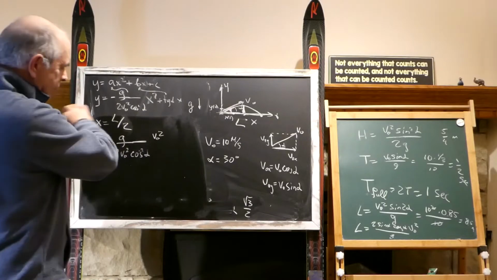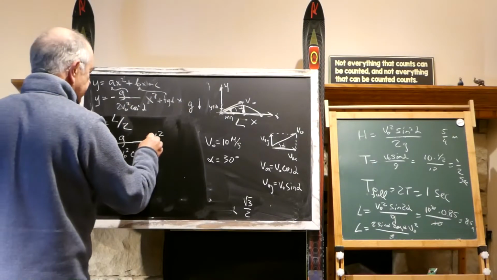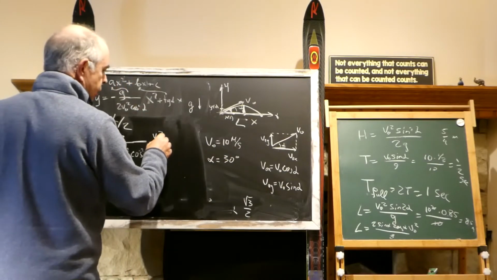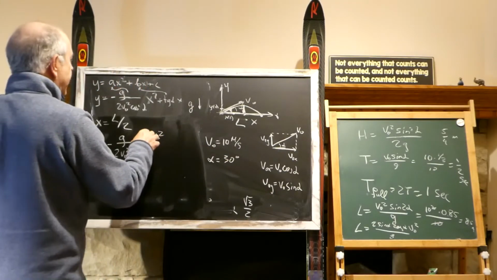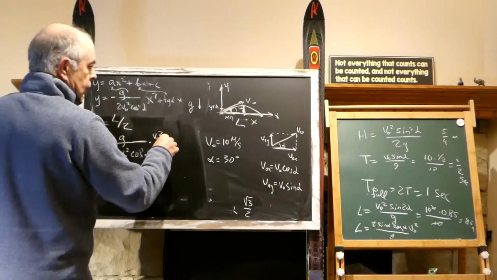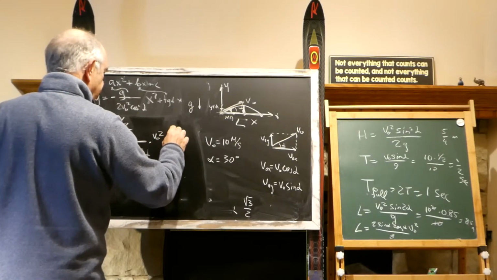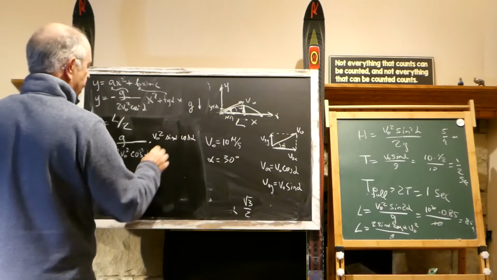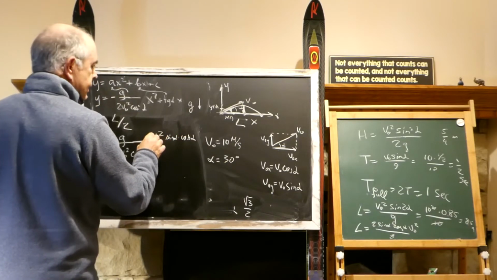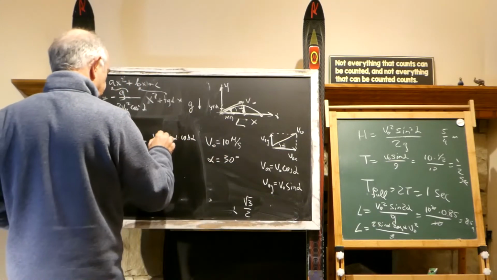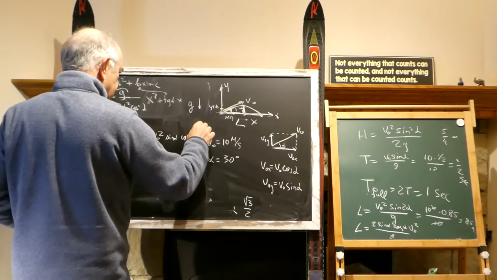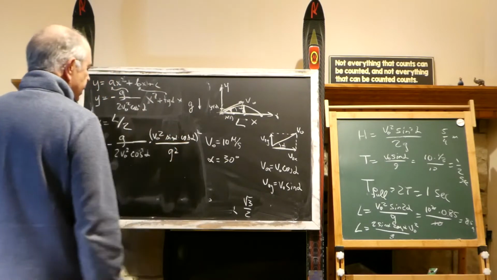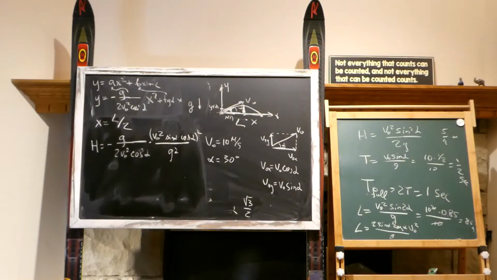It looks scary, but everything should cancel out itself. v0 squared sine alpha cosine alpha, and this would be squared because of this square, and the bottom should be g squared, and this is the first part only.